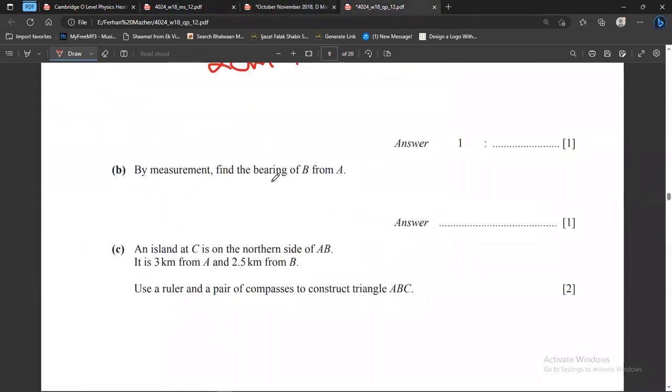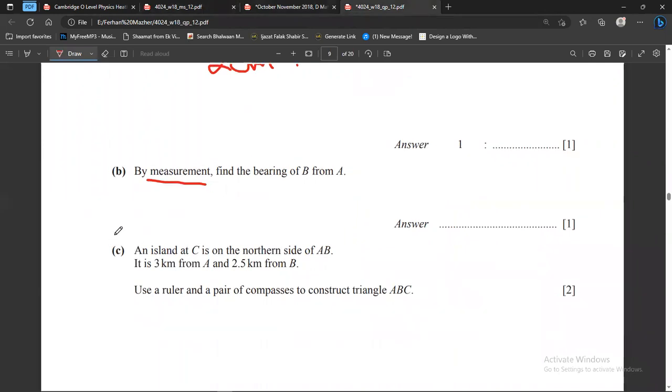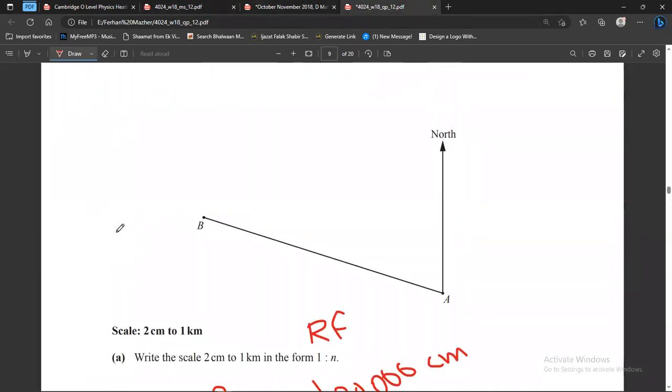It says, by measurement, underline this word, find the bearing of B from A. B from A means that the north is at A, and from that north, go clockwise to the line AB. That angle will be called the bearing of B from A. Because this is a reflex angle, you cannot measure it directly.